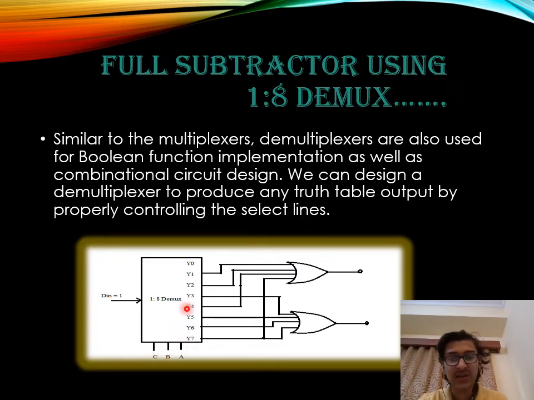For a 1:8 demultiplexer, as I told, there are 3 select lines because as per the formula we have 2 to the power n equal to the number of outputs, and here n equals the number of inputs.